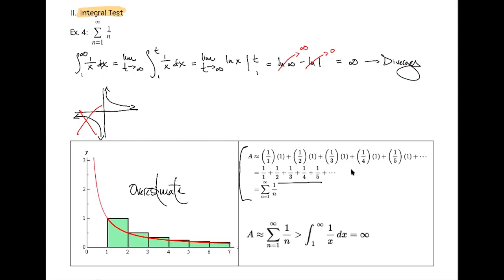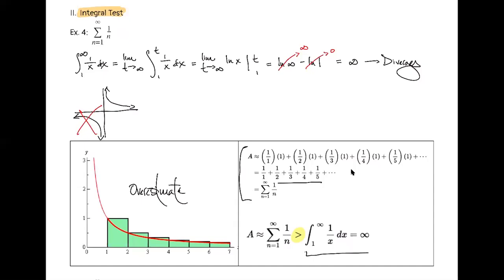Now, if we say that this is an overestimate, then we know that the area is going to be larger than the actual integral that we see. And as we'll take a look at in the next test, if you have something that diverges here, then anything bigger than that will also diverge, okay?